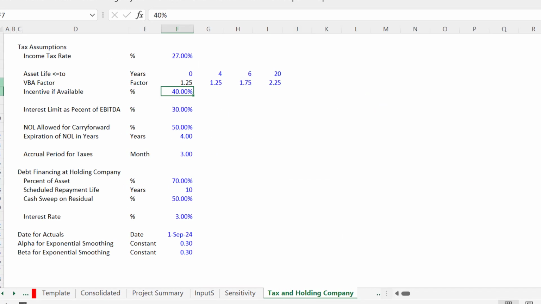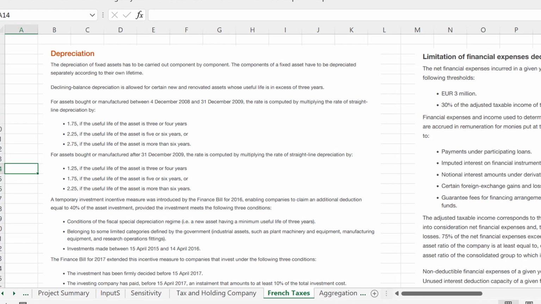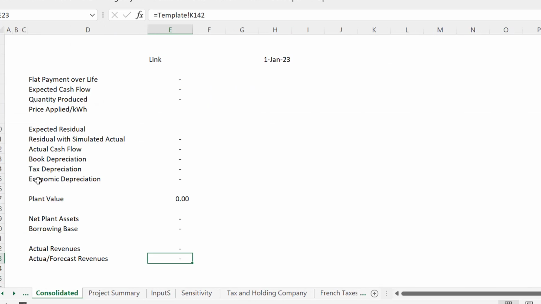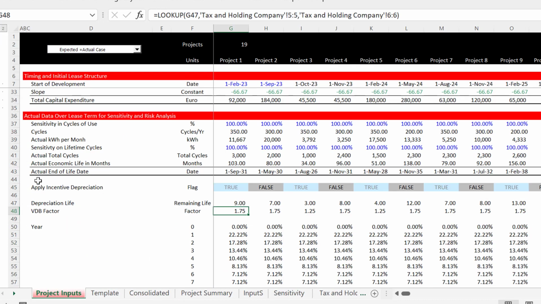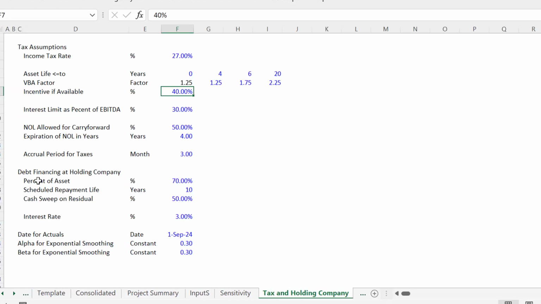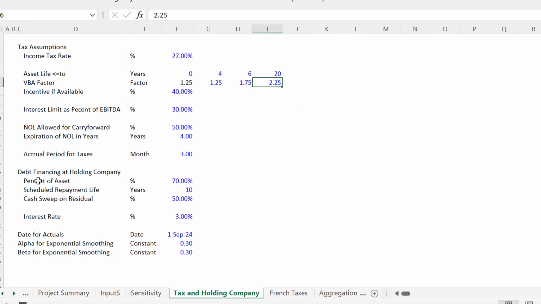And the actual taxes were, oh, that's the old taxes, 1.25, 1.75, 2.25. So I did this a little bit wrong. Do we have anything that's greater than 6? I did this wrong. Okay, 0 to 4 is 1.25.